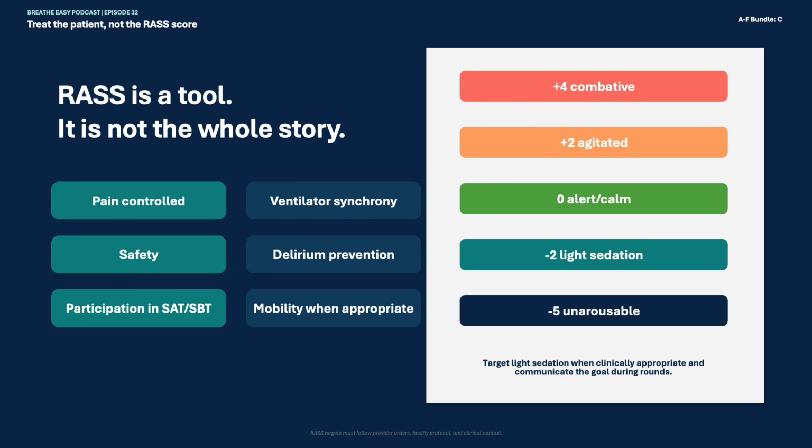But here's the trap. A score is easy to chart and easy to trust. You can document textbook light sedation on a patient who's in real pain. The chart is satisfied. The patient is not. So say the target out loud during your rounds with the other disciplines, and then keep looking at your patient.